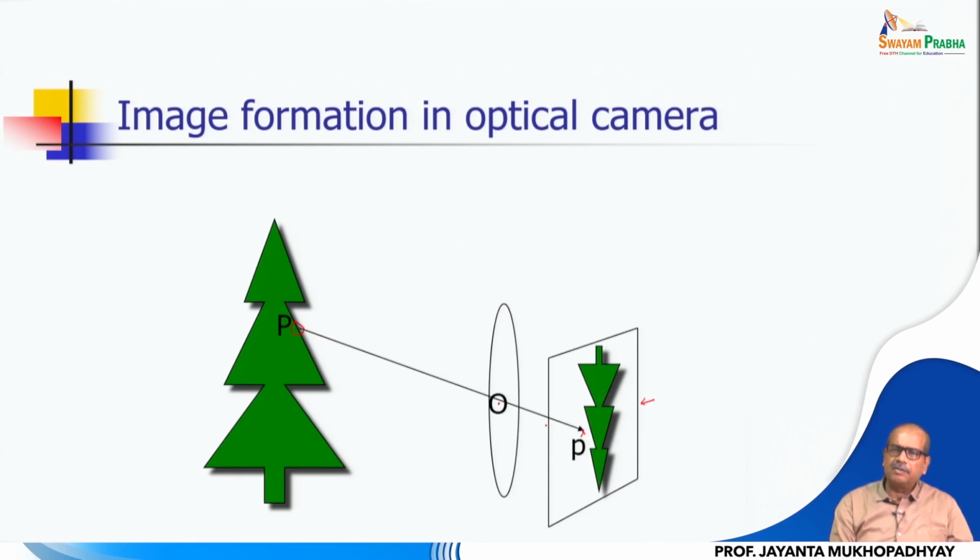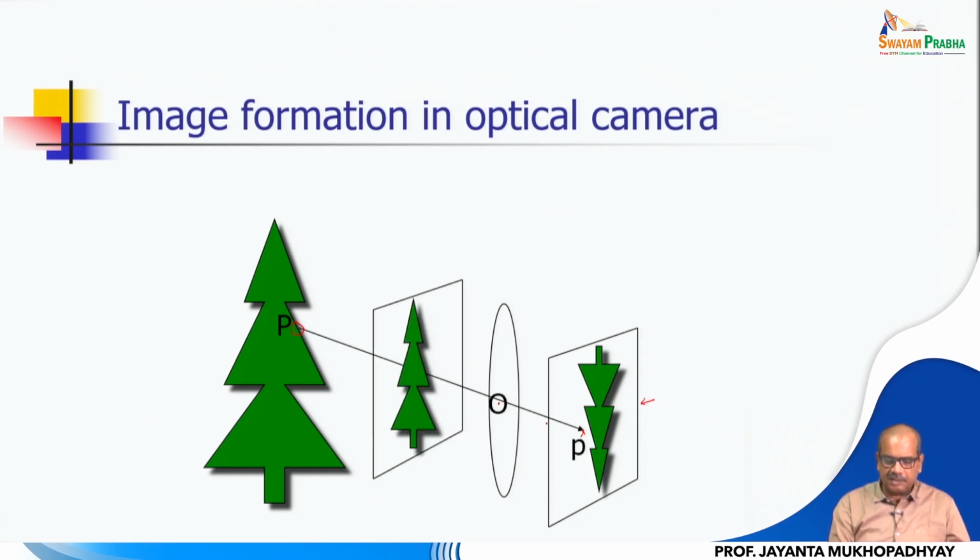So, here also, for convenience, we may consider that this plane of projection is moved forward at the same distance. The distance between this plane and this plane remains the same. Say this is the distance f, and this is also the distance f in the forward direction, that means in between the object and the center.